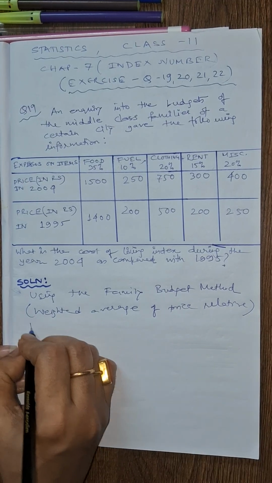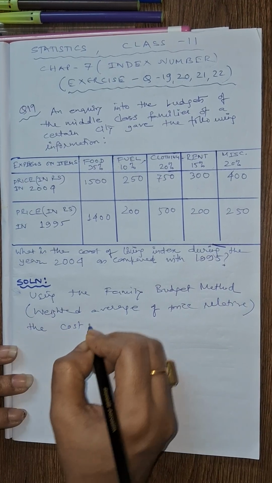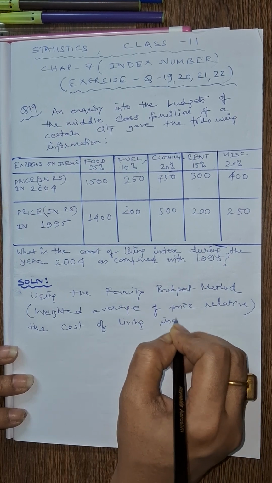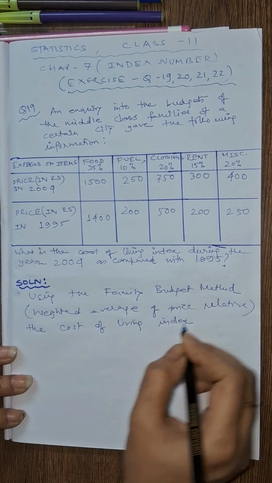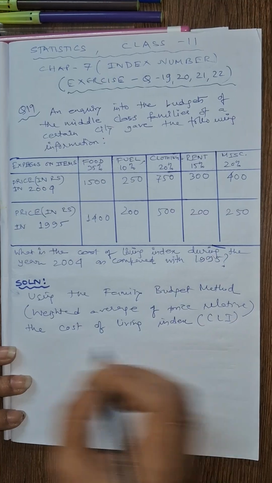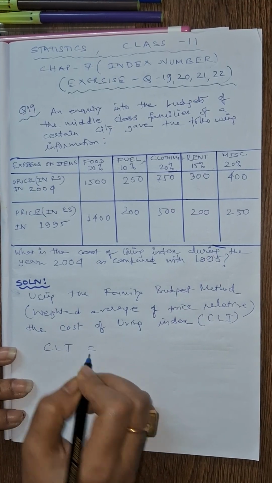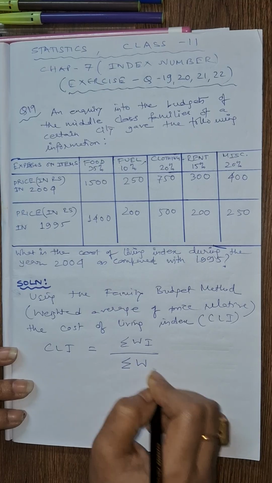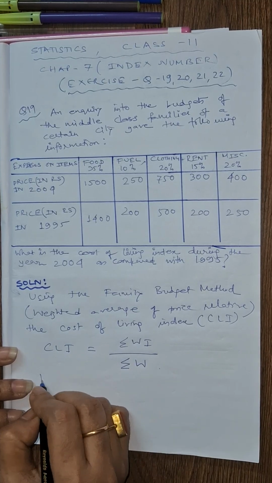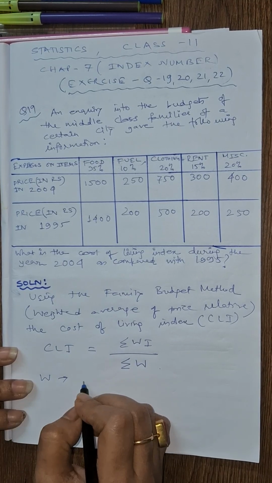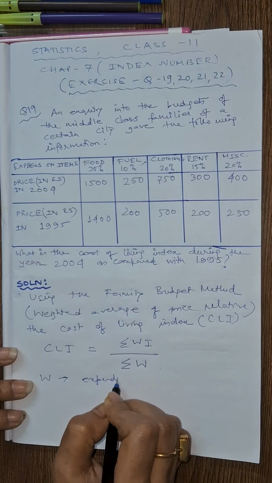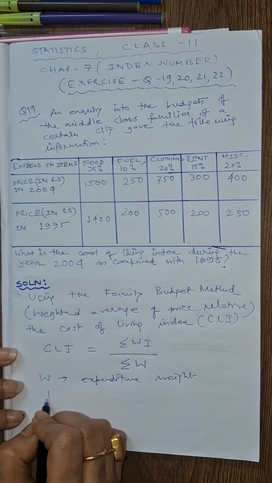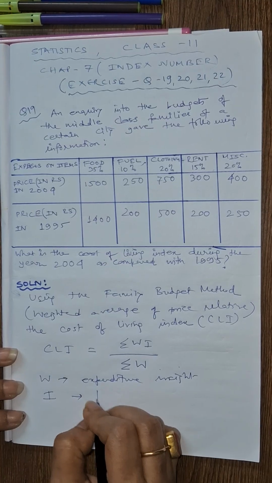So the cost of living index will be, as per the formula, CLI is equal to summation of WI by summation of W. W is the expenditure weight, and I is the price relative.